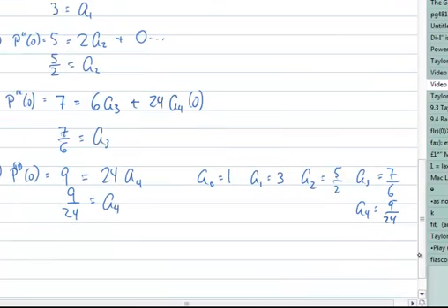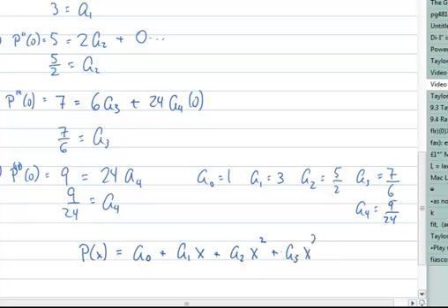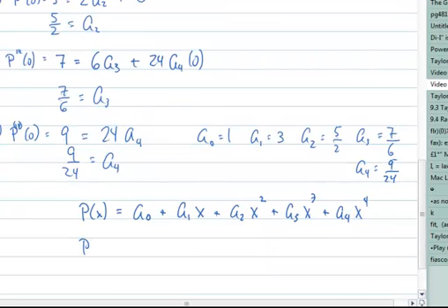If you look at this when we assemble our polynomial, because remember our original polynomial structure was a0 plus a1x plus a2x squared plus a sub 3x cubed plus a sub 4x to the fourth, we end up getting an interesting pattern.